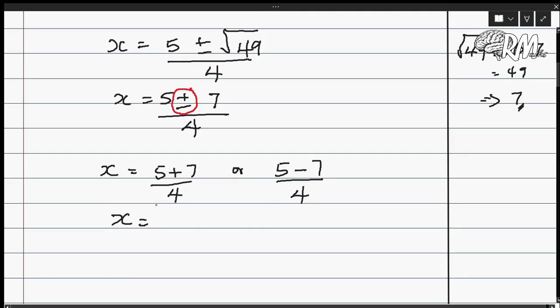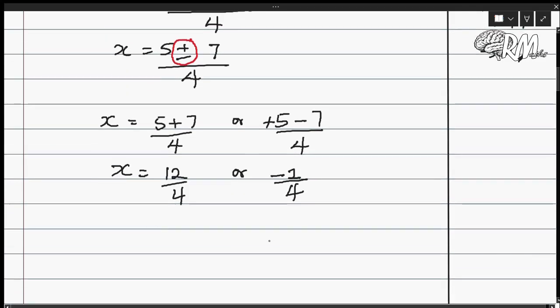Then we have x equals 5 plus 7, which gives me 12 over 4, or, now this is a positive 5, so a positive 5 minus 7 is minus 2. You can either use your calculator here, then over 4.